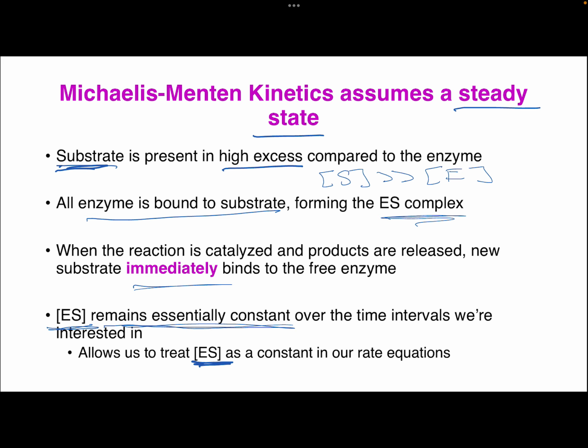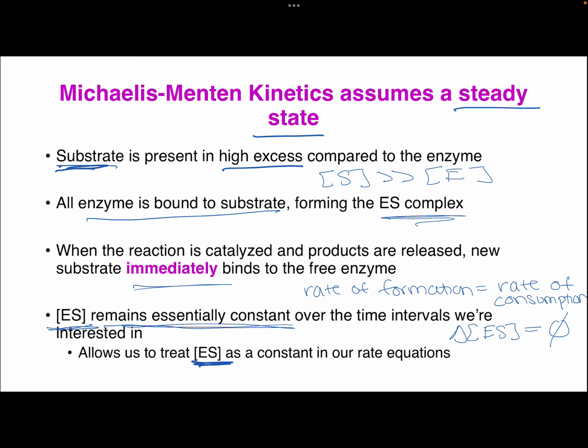Because what we have is that our rate of formation is equal to our rate of consumption. So it's being formed at the same rate that it's being used up. So then our change in concentration is basically going to be 0.